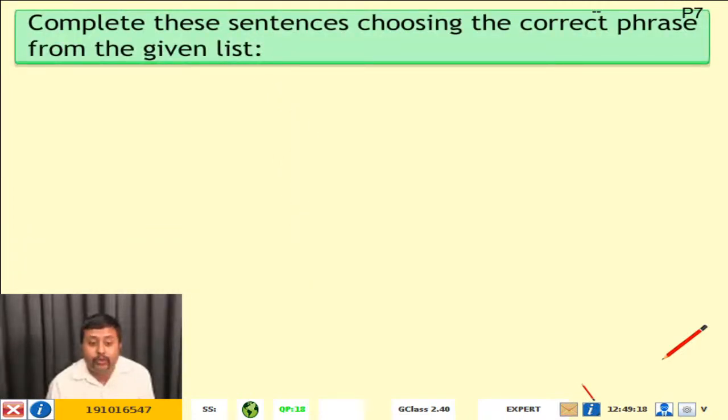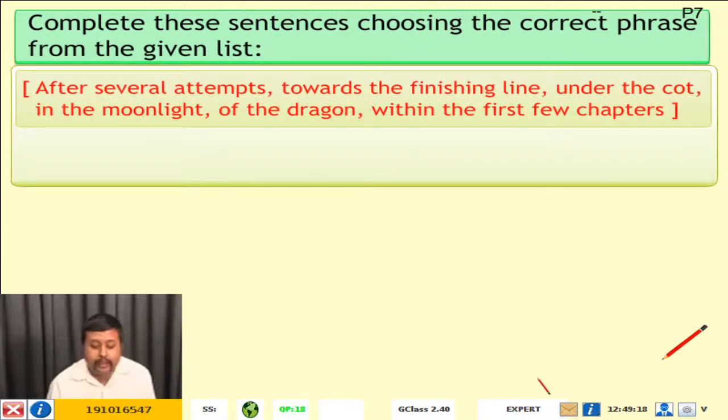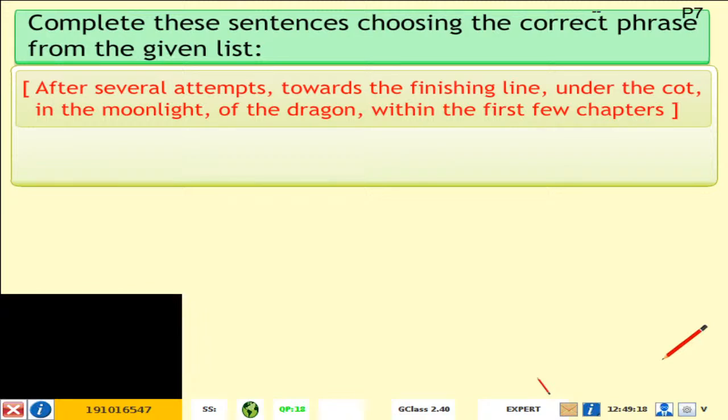Complete these sentences choosing the correct phrase from the given list. Now what do we have to do? We have to complete some sentences choosing the correct phrase from the given list. Okay, so what could that be? Your list includes after several attempts, towards the finishing line, under the cot, in the moonlight, of the dragon, within the first few chapters.